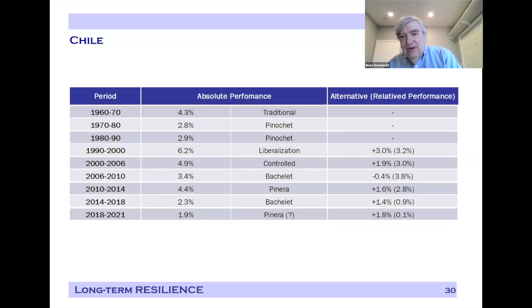They start to impose controls. They do a little worse, but they still perform well. Bachelet comes in, does centralized things. She does significantly worse, but in relative terms, again, when she starts out, she does better. Piñera comes in, the absolute number improves, but the relative number, and this is just versus Latin America and Central America, deteriorates slightly.